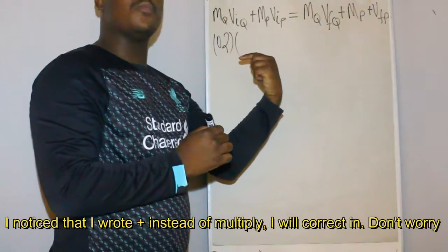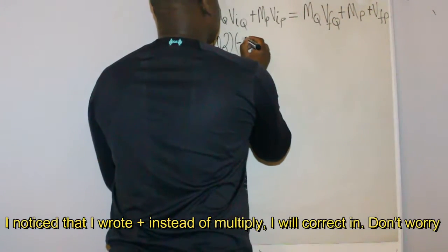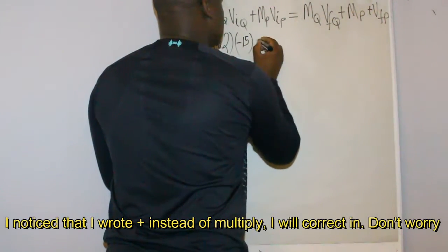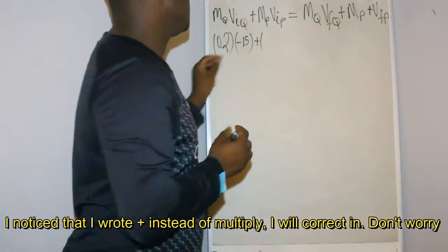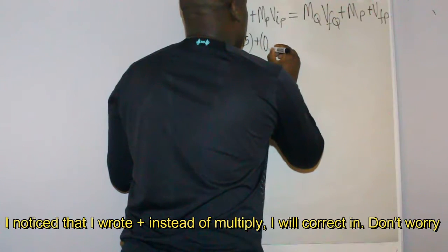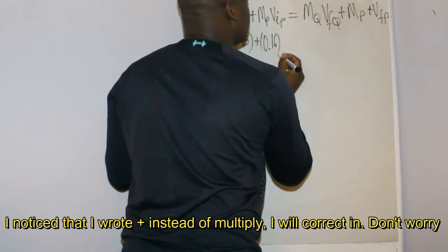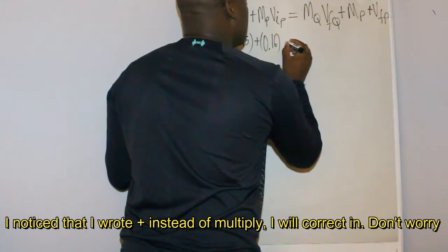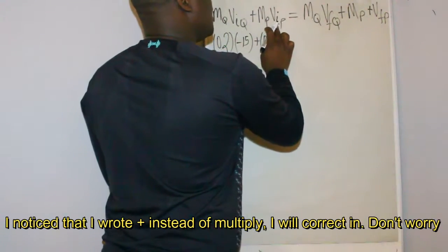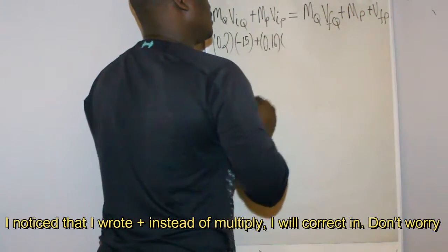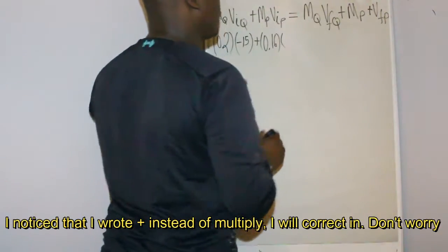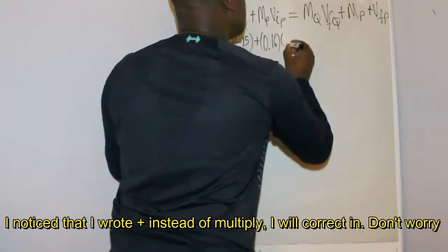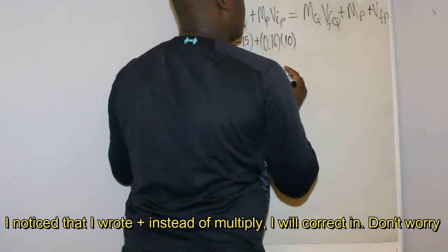So this direction to me is negative. So it's going to be negative 15, plus the mass of ball P, which was 0,16, times the velocity of ball P. What was it? It was 10 meters per second going east, which is positive to me, 10.